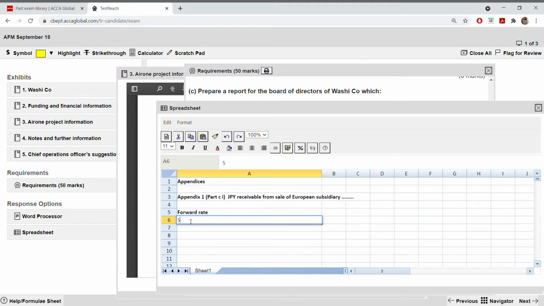you can write which rate you are taking. Since it is a euro receipt, the lock-in rate, the rate of which rate you are using.